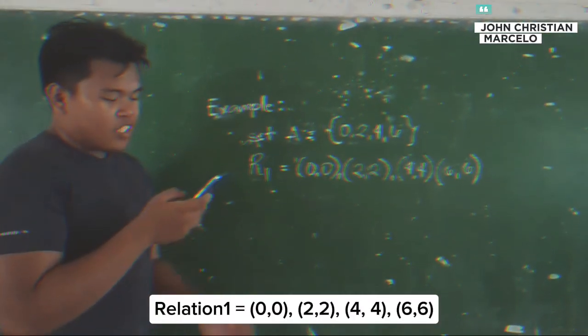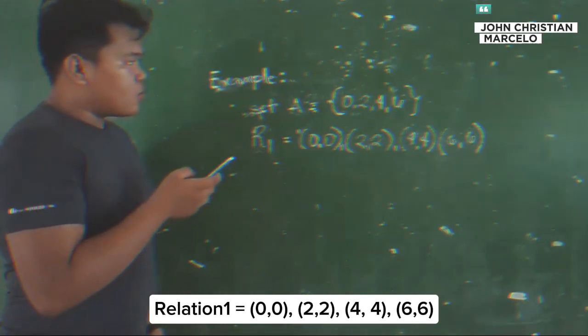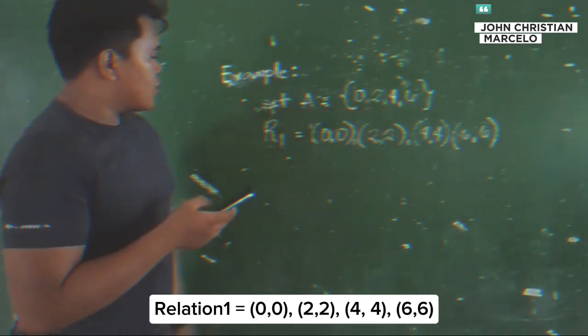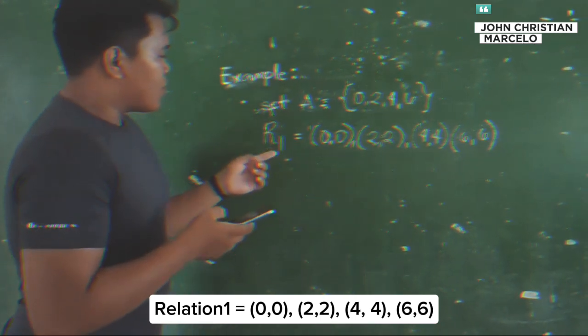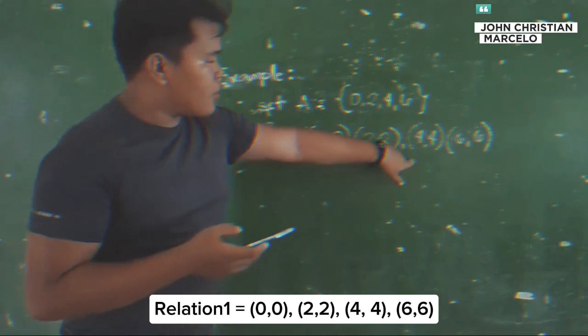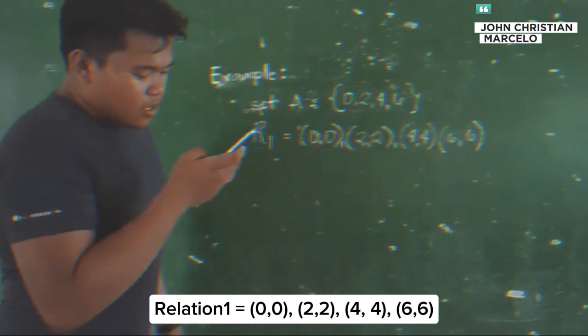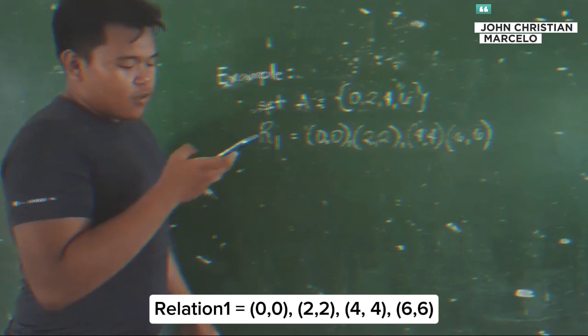Example of equivalence relation. Set A is equal to {0, 2, 4, 6}. In relation 1, we have the set of (0,0), (2,2), (4,4), (6,6). Is this an equivalence relation? Yes. Why?